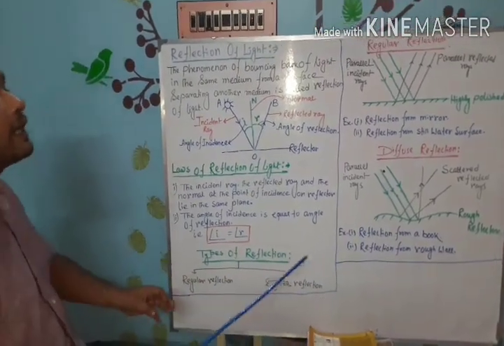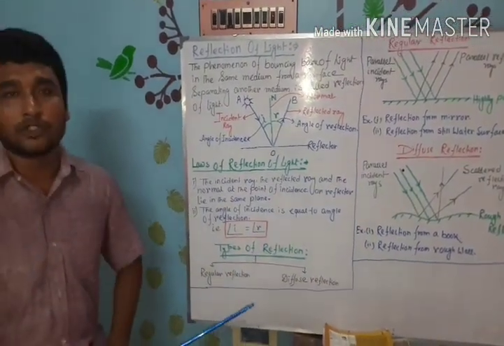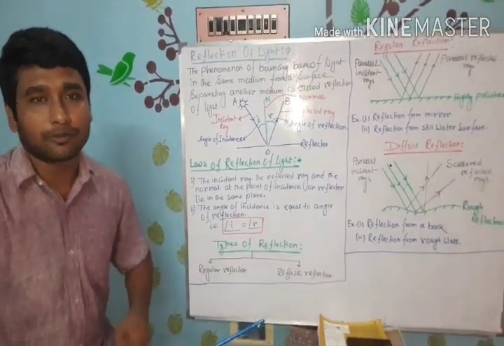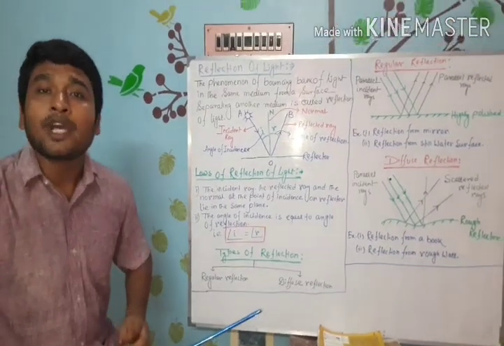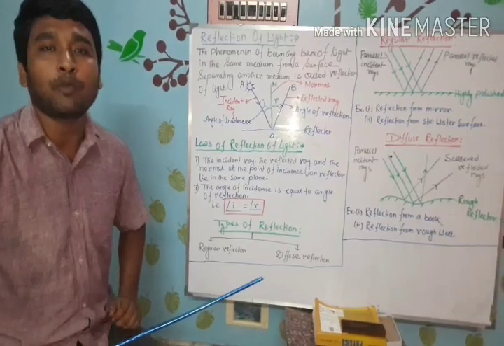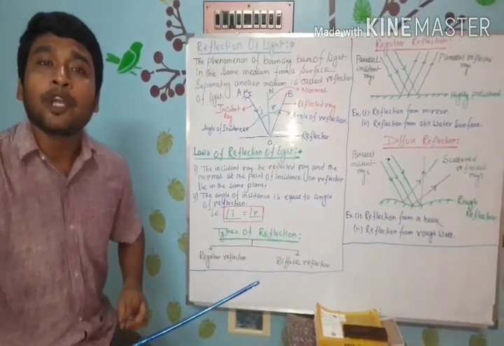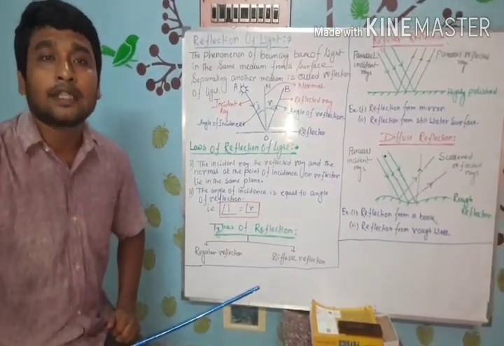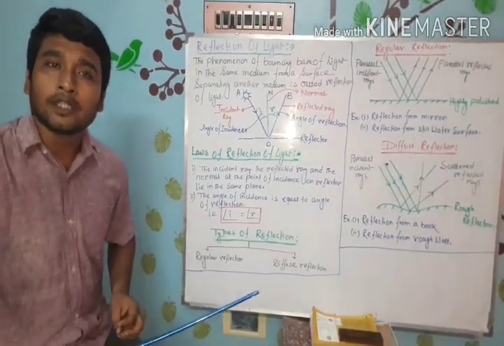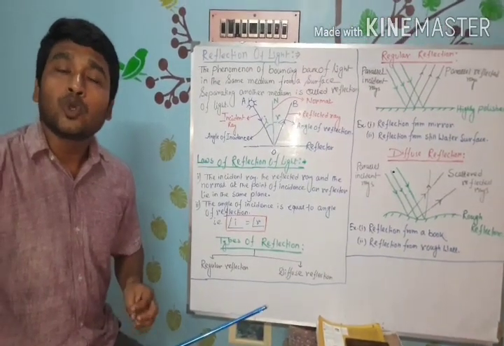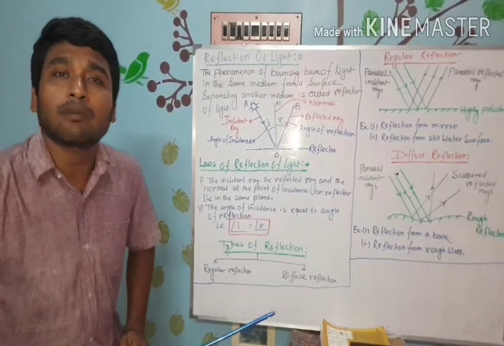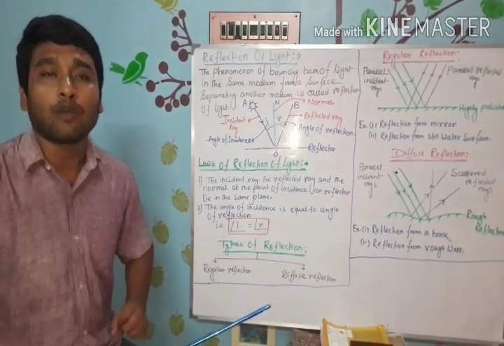Now student, here there is a very important question. Why is the screen of a cinema hall made rough? The answer is, if the screen of the cinema hall is highly polished, then after reflection from the screen, the light rays go in a particular direction, and only the persons sitting in that region are able to see the cinema on the screen, which is a problem.